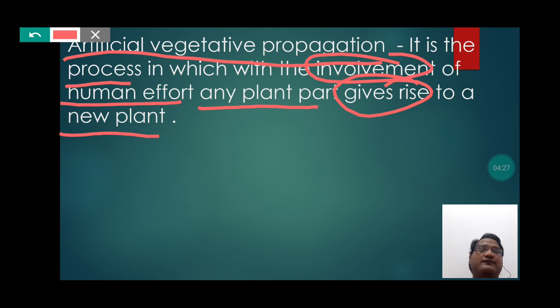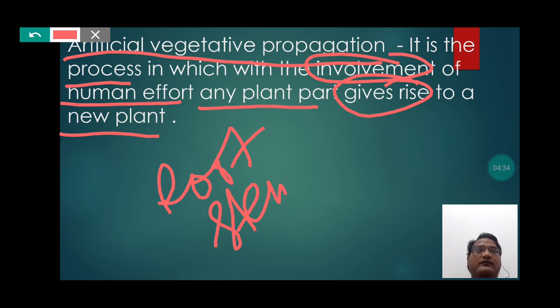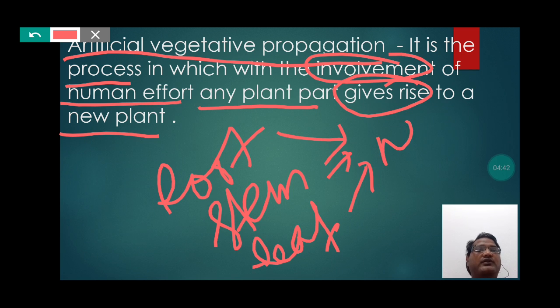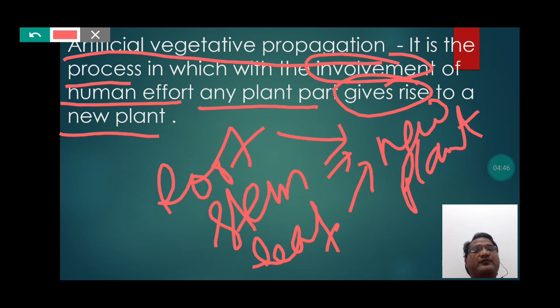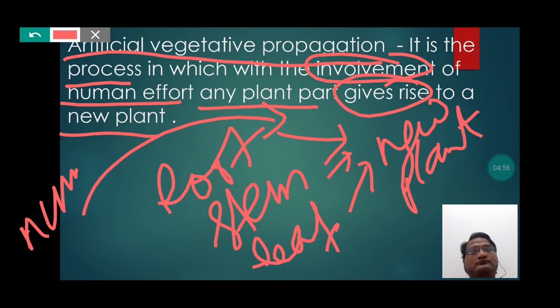So students, in artificial vegetative propagation, the roots, stem and leaf of any plant can give rise to a new plant, but here there will be involvement of human effort.